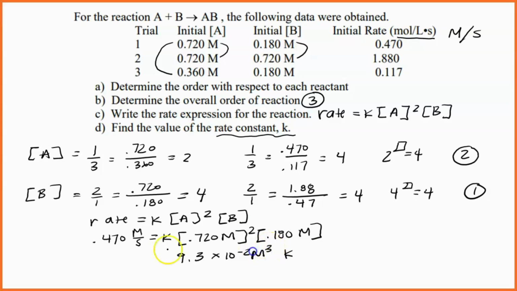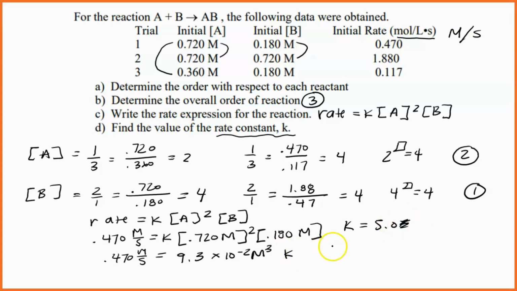M cubed. On the other side, I still have the 0.470 M over seconds. And then I'll divide the 0.47 by what my answer was in the calculator. K equals 5.0. And that's it, just 5.0.